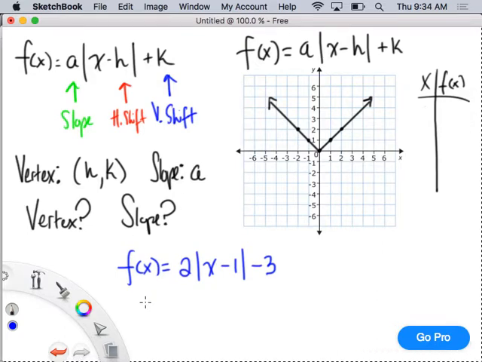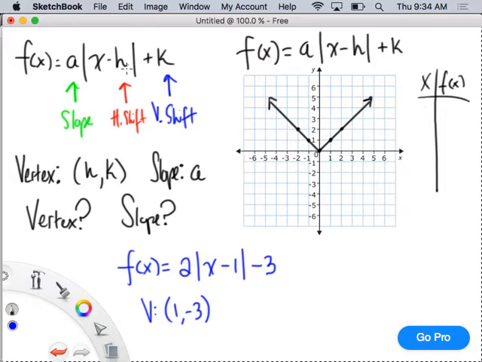First, where's the vertex? (1, -3). Why didn't you say -1? Because it's an absolute value of x minus 1, so it's just positive. Look, I'm not saying x plus h here. I'm saying x minus h. So h is actually 1.